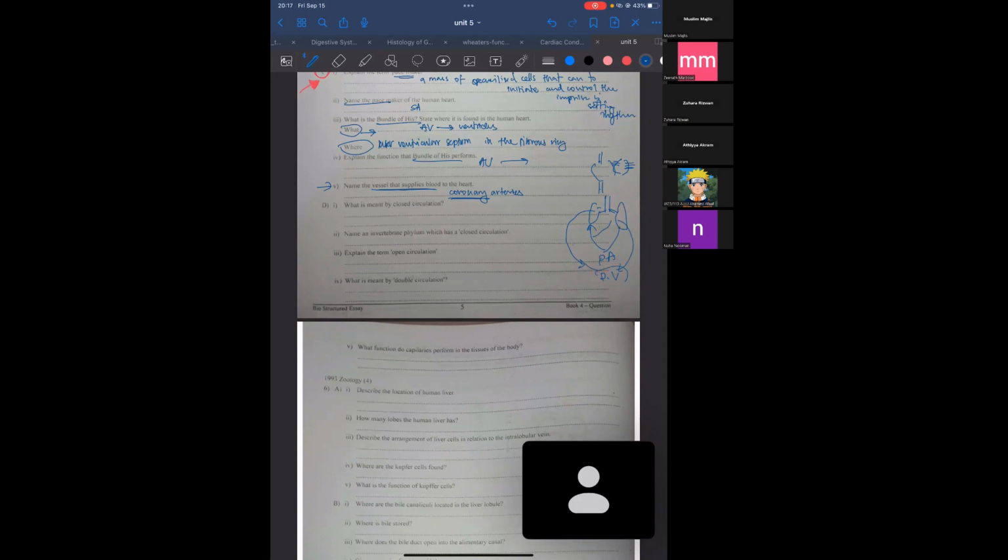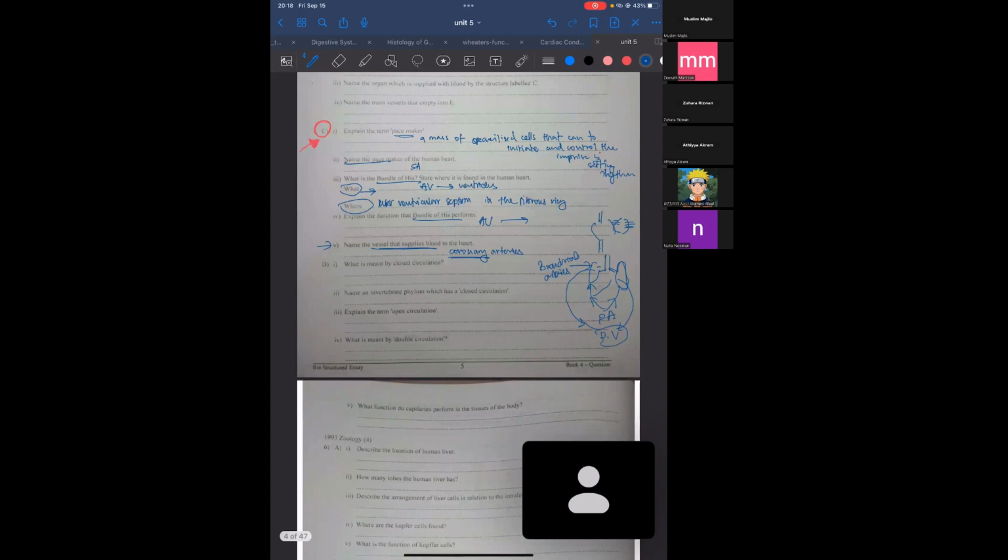But the heart muscles also need some oxygenated blood for their function. How does it work? They are supplied by bronchial arteries. So again, this type of question can come for y'all.